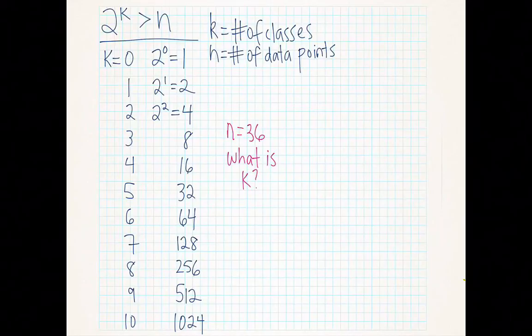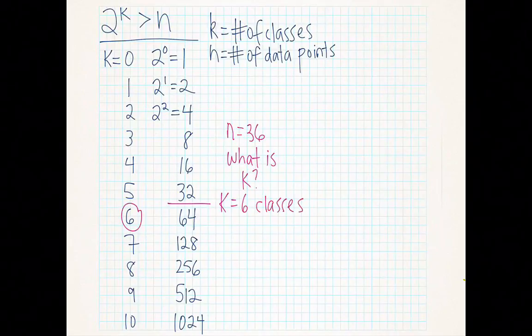So if n is equal to 36, then we would start out, we see that value is somewhere in between here. So the lowest value of k that would satisfy our answer is 6. So that means k equals 6 classes.